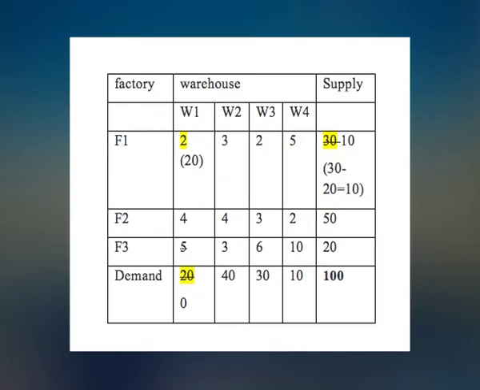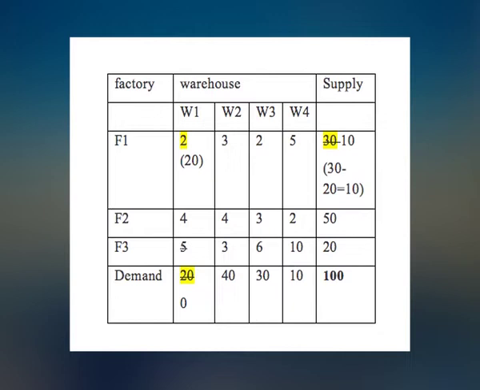In the second step, after checking if the problem is balanced or unbalanced, we will apply the northwest corner rule to the table or the matrix. In the given matrix, the cell corresponding to factory 1, warehouse 1 or F1 W1 is the northwest corner.